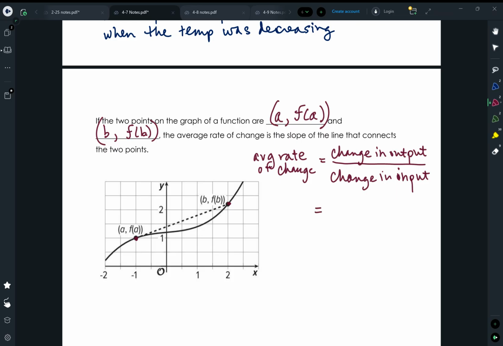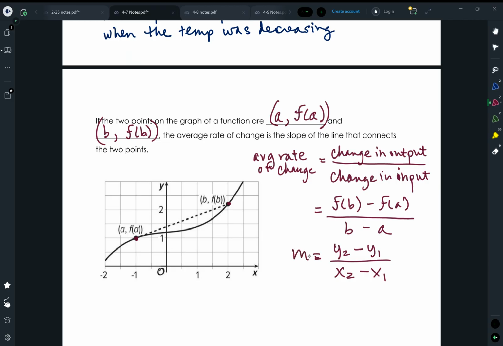My output I could think of as these f of b and my f of a. Those are my outputs, so I could write f of b minus f of a over b minus a. So my outputs are the function ones. My inputs are just those letters b and a. I could write this as y2 minus y1 over x2 minus x1. That's usually when I write out slope, but it's really all the same formula.